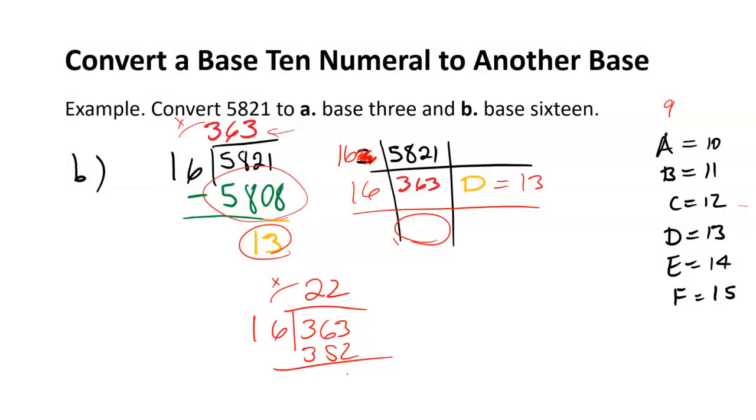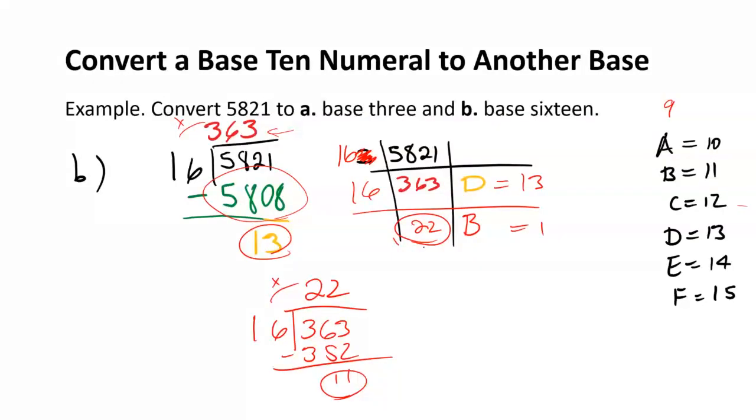And then you get a remainder of 11. And so I'm going to put the 22 here, and 11, which is equivalent to the letter B. So the next numeral would be B. And then continue like that.